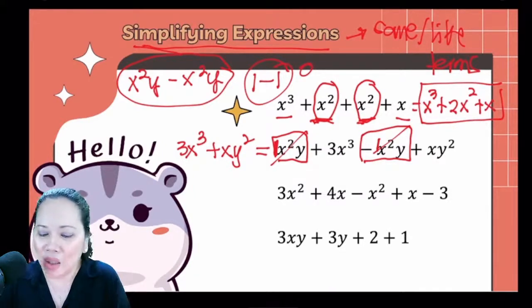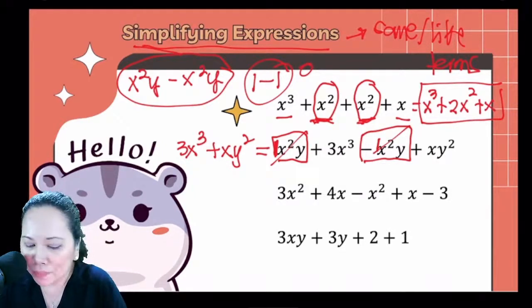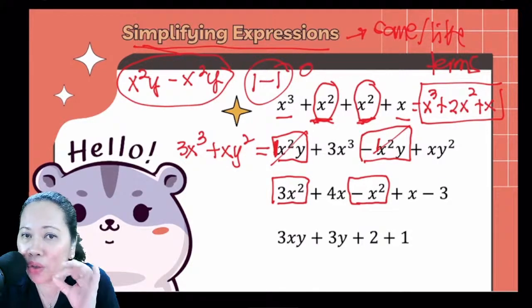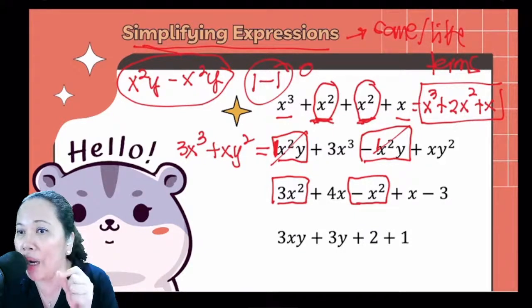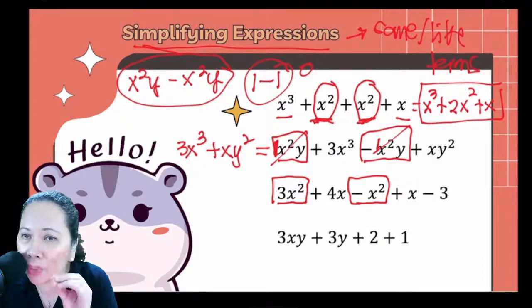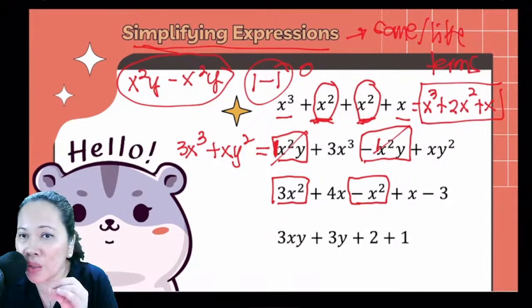All right. So, for this one, this is 3x squared minus x squared. Again, if there's no number before x squared, it's understood to be 1. So what you do is you just do the operations of the numbers. You just need to copy the variables that are the same.